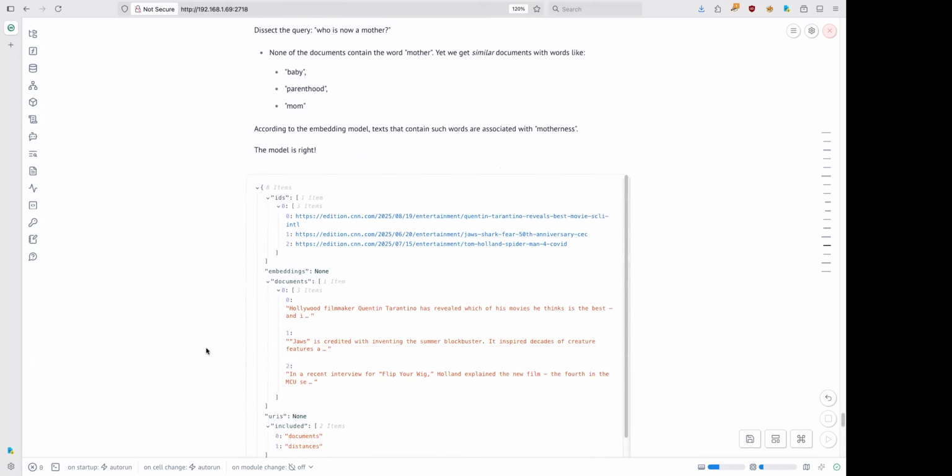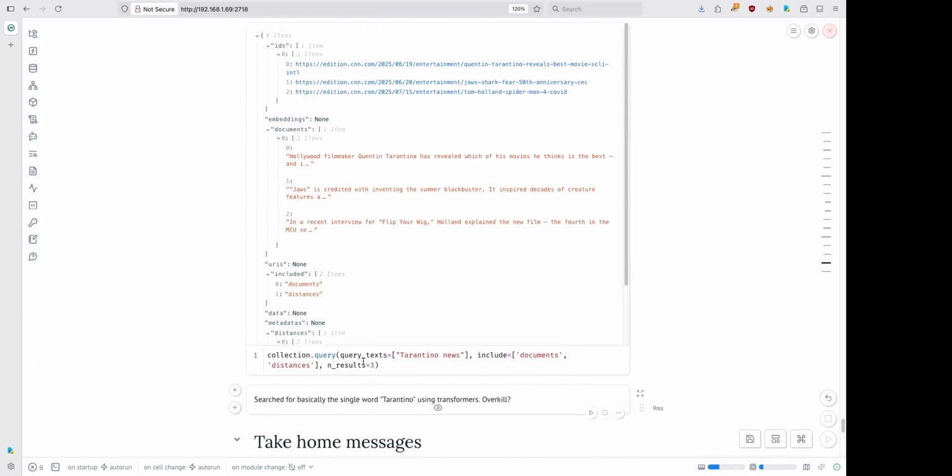Now let's see an easier example. We just search for something about Tarantino, because I know for a fact that the text talks about Tarantino. Indeed, it's the first hit, as a Hollywood filmmaker Quentin Tarantino that revealed something.